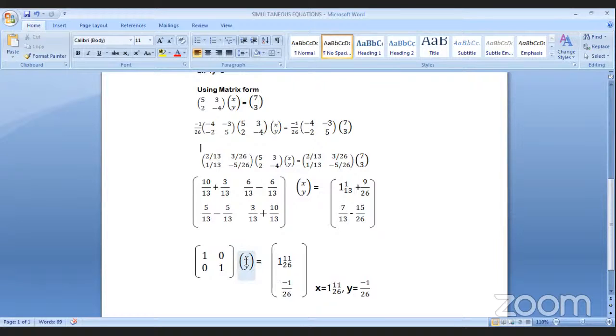So when we multiply the identity matrix by this one that contains x and y, we'll see that 1 times x is x, 0 times y is 0. So x will be equal to 11 out of 26, and y will automatically be negative 1 out of 26.